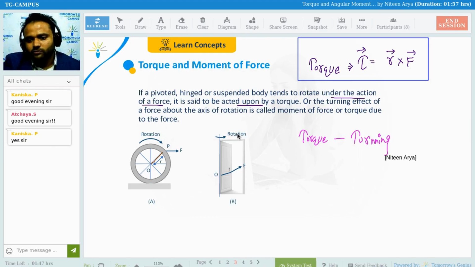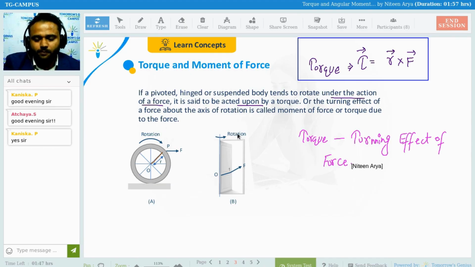Either you can write turning effect of force, or what I preferably write, rotational force, or rotational effect of force, basically rotational force.